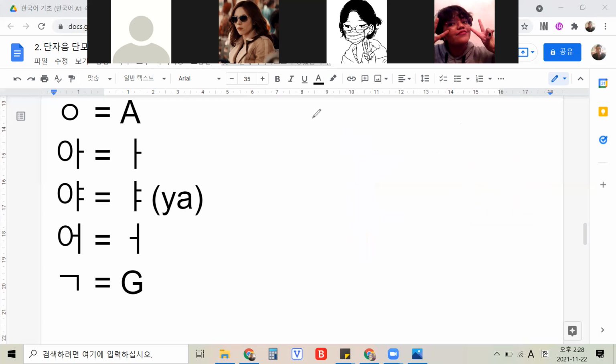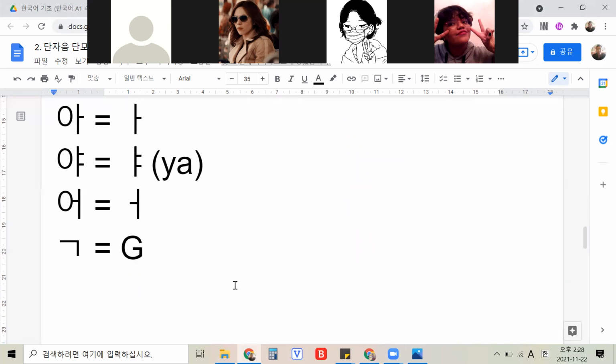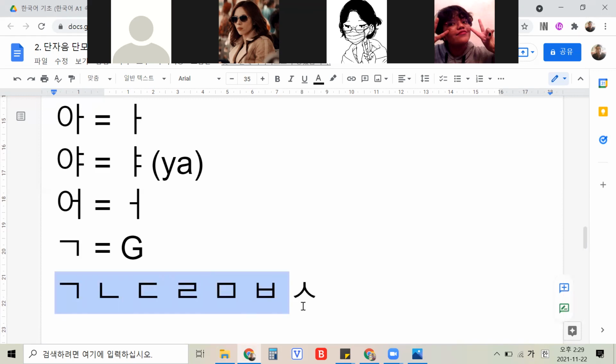Okay, so let's try to combine with these G sounds. So I'm going to do it this way. We got six and seven consonants.